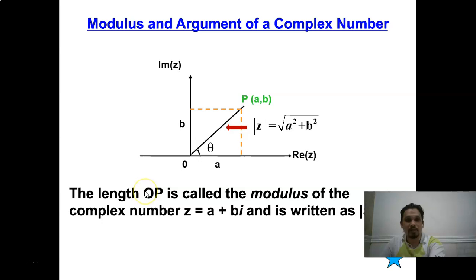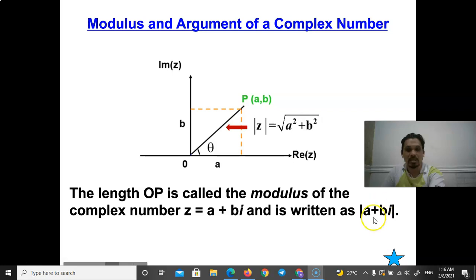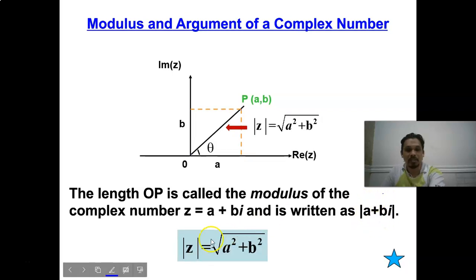Modulus and argument of a complex number. The length of O to P is called the modulus of the complex number z equal to a plus bi and is written as the modulus of z. So modulus of z equal to square root of a squared plus b squared.